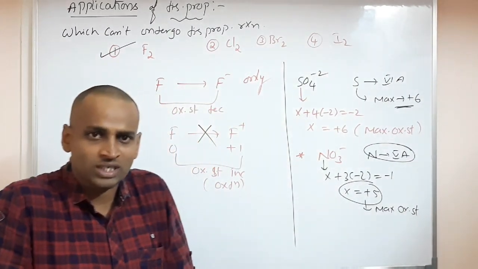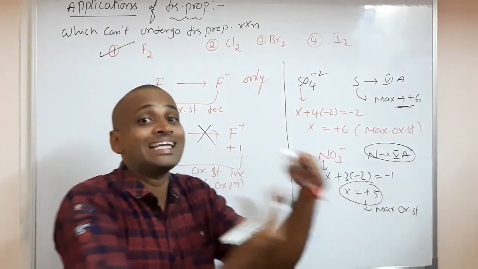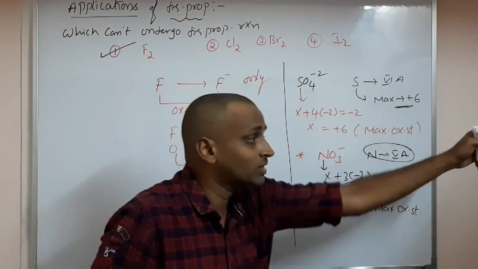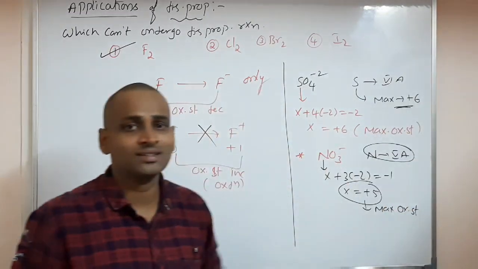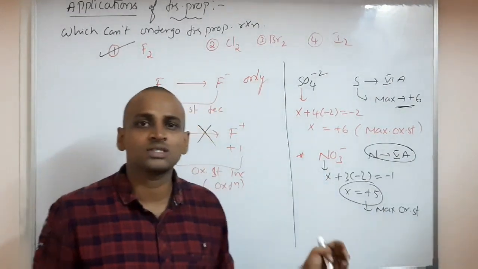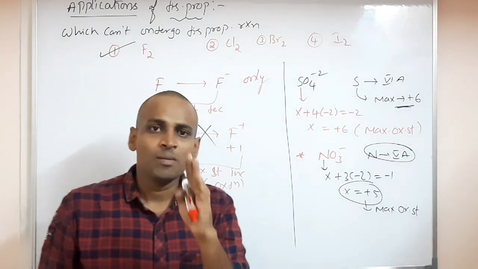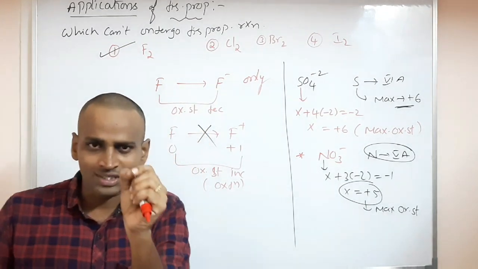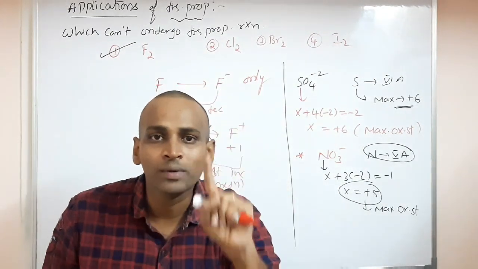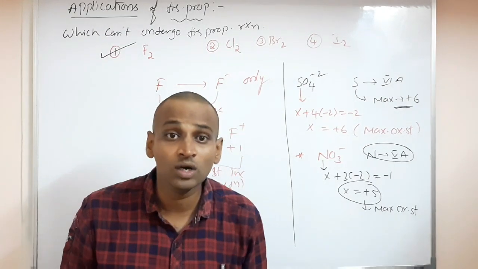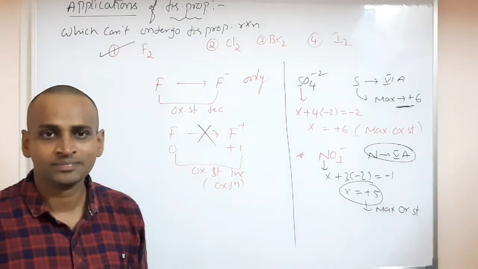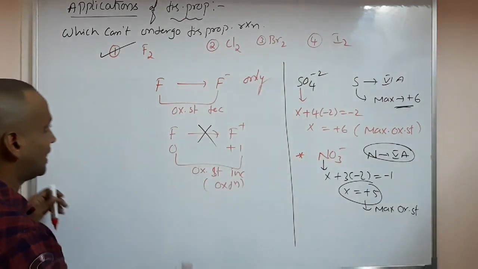During oxidation, the state would have to increase from plus 5 to plus 6 or plus 7, which is not possible, because any atom's maximum oxidation state is equal to its group number. Understood, sir? Like that they'll ask you.